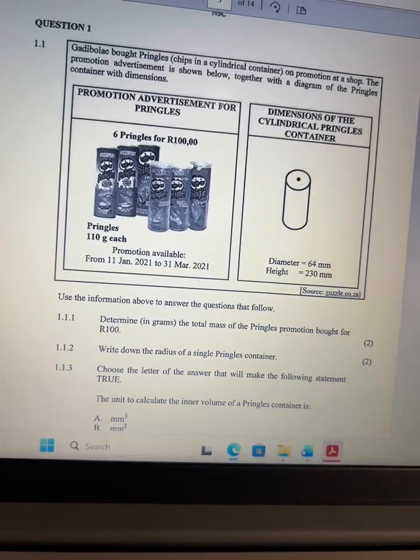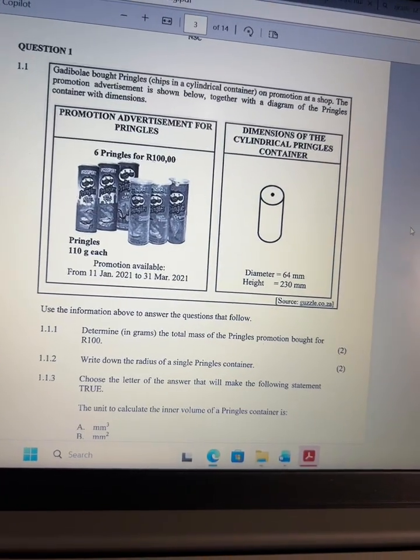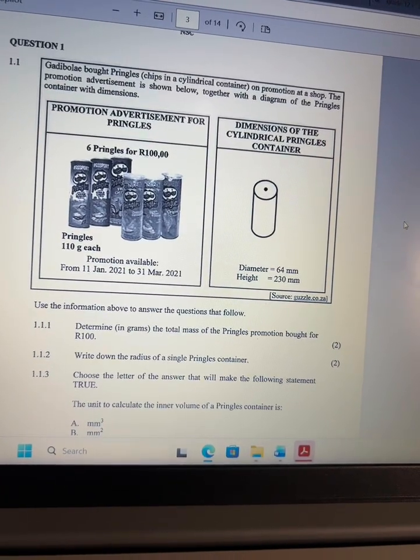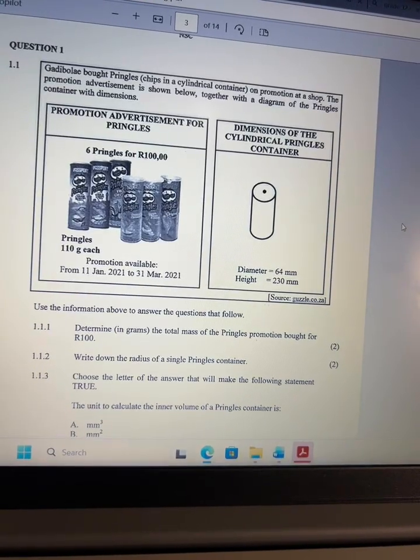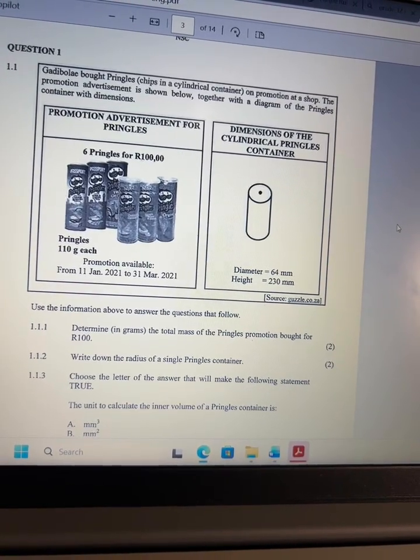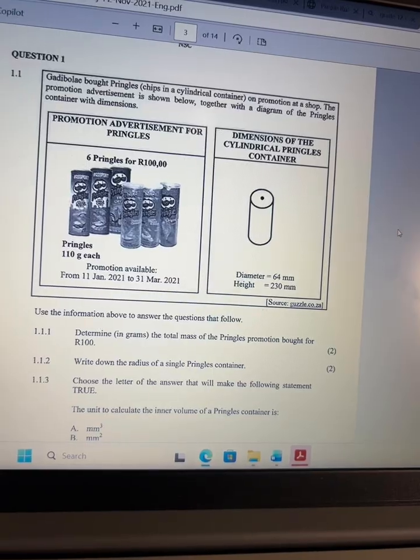1.1.2. They said write down the radius of the Pringles container. There we are given the diameter, and to get the radius we take the diameter and divide it by 2.